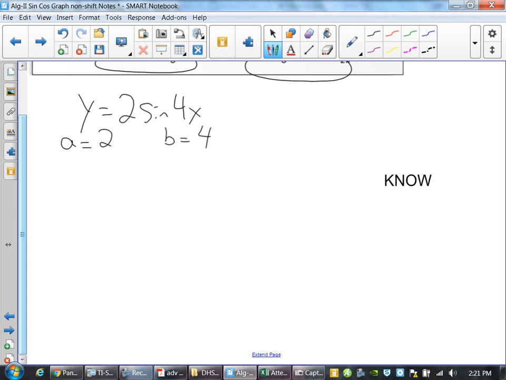From that, I write down my amplitude. Well, my amplitude is 2. My period then is going to be 2 pi over 4, otherwise known as pi over 2. From that, I know everything that I need to do to start my graph.